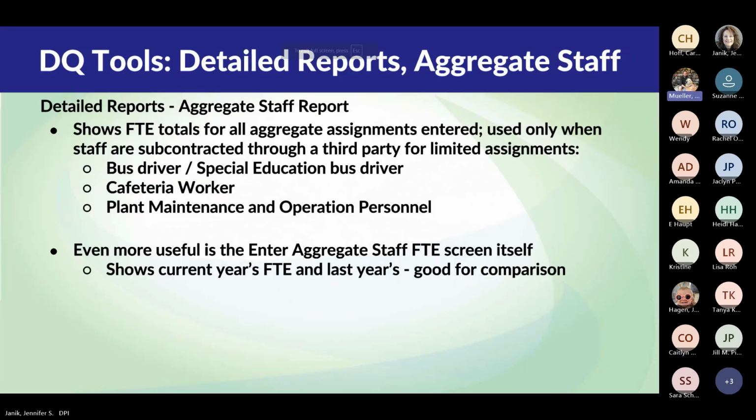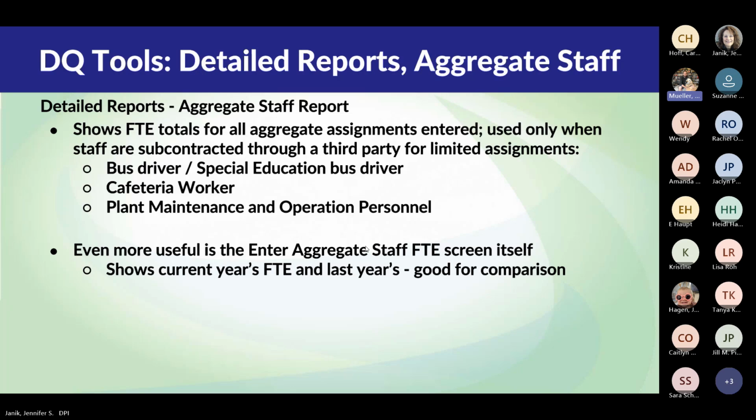So the next detailed report we have is the aggregate staff report, which is something not all of you may use since aggregate staff are those who are subcontracted from a third party for specific positions, like cafeteria workers, bus drivers, or building maintenance.